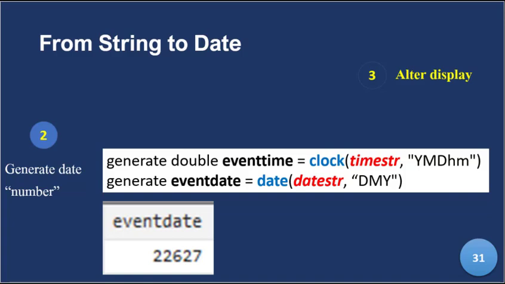Then you put the order in which those elements are structured within that string. So in this time string, for example, it is year, month, day, hours, and minutes. So sometimes second may be missing. For you to really do clock, you just need hours and minutes.